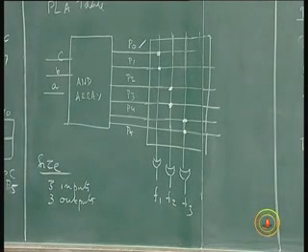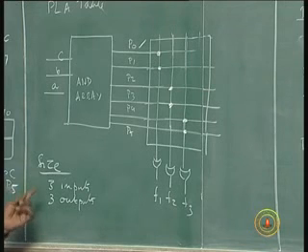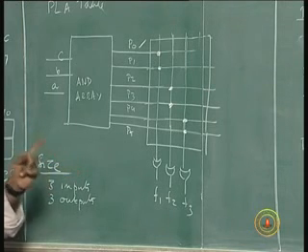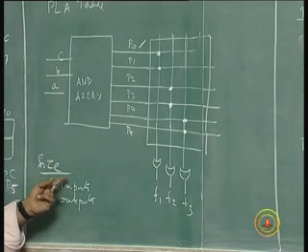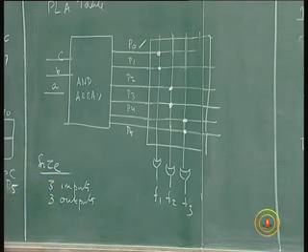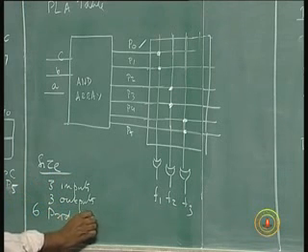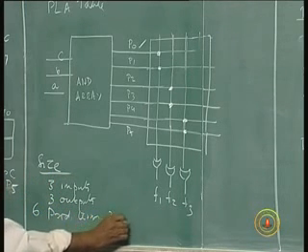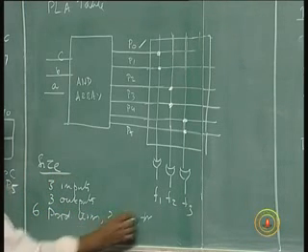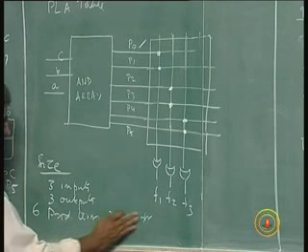But I need 2 OR gates as inputs to each of these, 2 AND products. So I need a total of 6 product terms, 2 for each output.